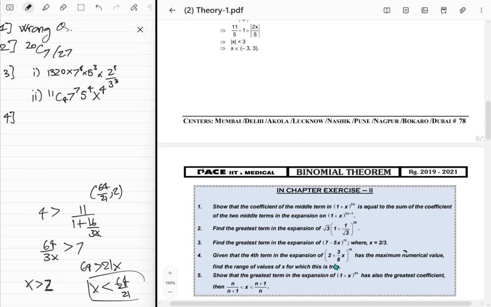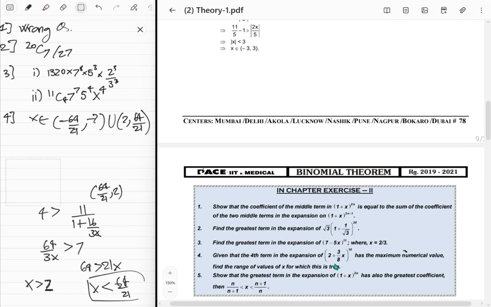Sorry, it should be 64 upon 21, and this is bigger than 2, right? So then it will be negative 64 upon 21 to negative 2, union 2 to 64 upon 21. That should do it.